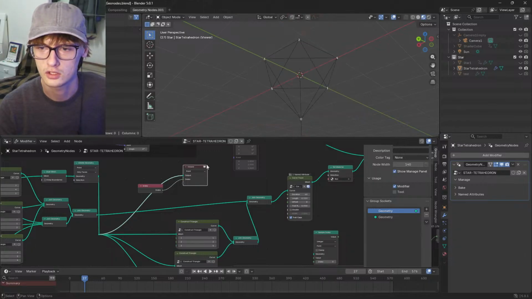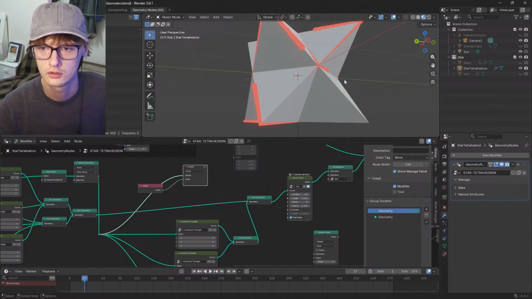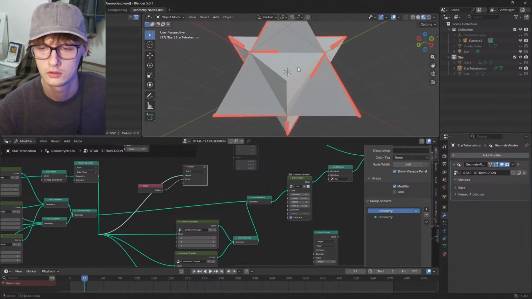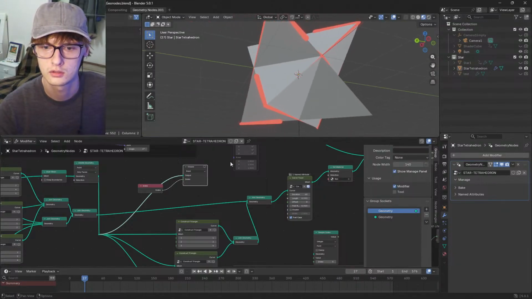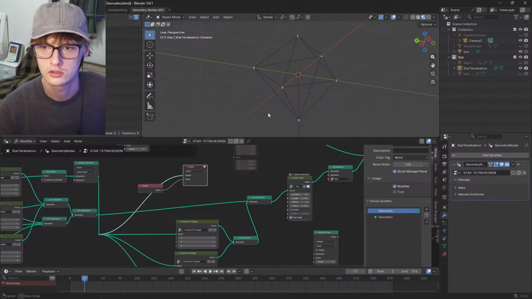Playing around with triangles. Everything is triangles. It needs to be 0 to 4. So 4, 3, 0.